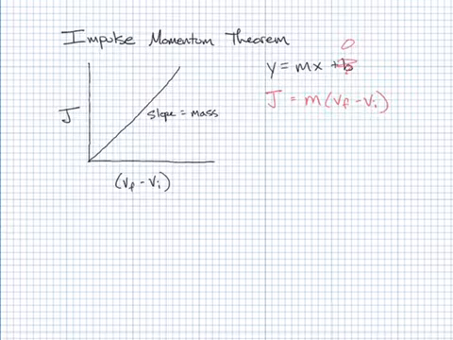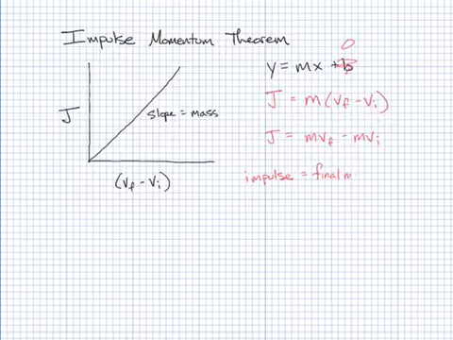Now, if I distribute that mass through those parentheses, what I'll see here is m times vf minus m times vi. Now, what this really is, is the impulse momentum theorem, because what we've figured out here is that J, which stands for impulse, is equal to the final momentum, m times final velocity, minus the initial momentum.